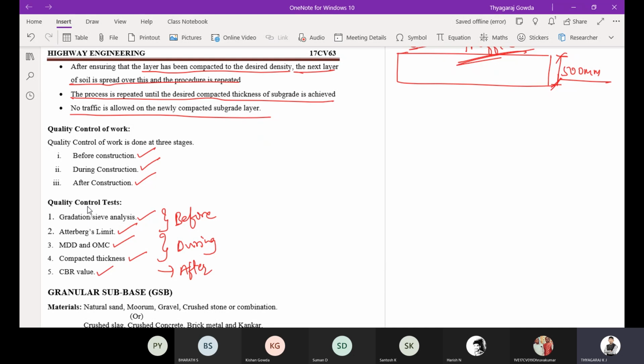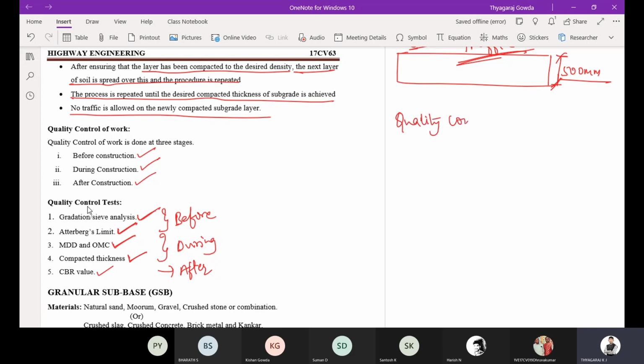So before the selection of soil, first we have to check the sieve analysis, that is gradation. Then we have to determine the Atterberg limits, then MDD and OMC, compacted thickness, then CBR value. In the exam, they will ask the question like: explain the step-by-step procedure of constructing the subgrade soil and indicate a quality control check.